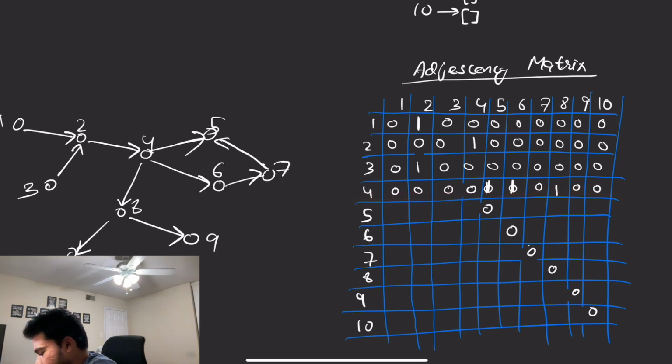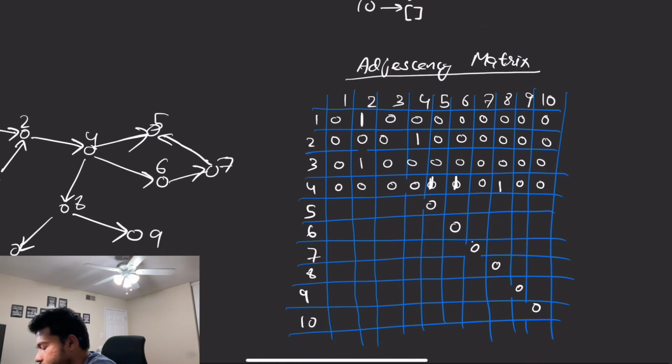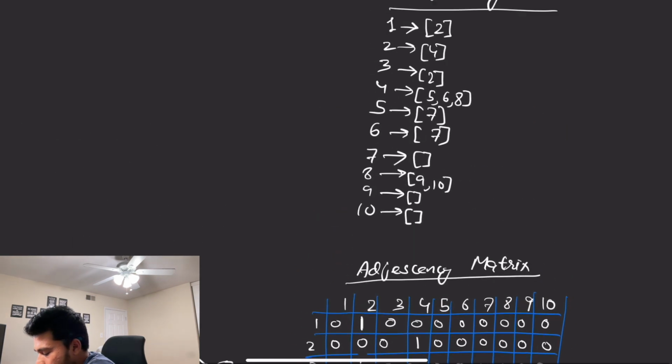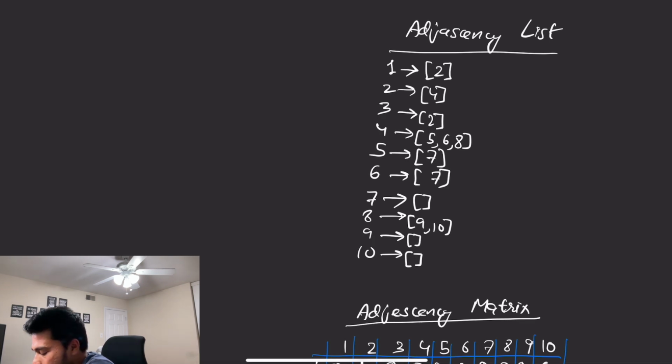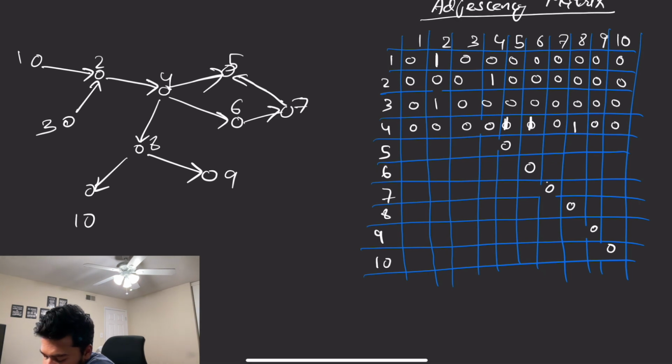Typically, you're wasting a ton of space because most of these are zeros anyway, and you might as well just use something like this. And it's just cumbersome. So usually in problems, you're never going to see an adjacency matrix in a question. You're only going to see adjacency lists. And the way you would represent weights on the edges is, instead of putting a 1, you could just put the number here.